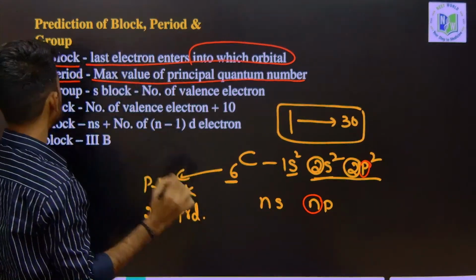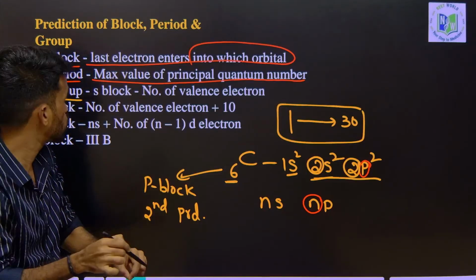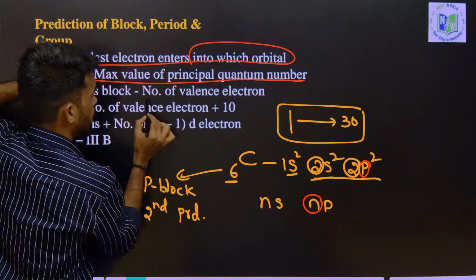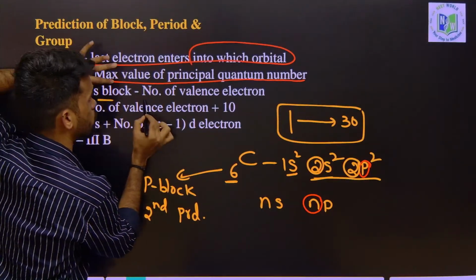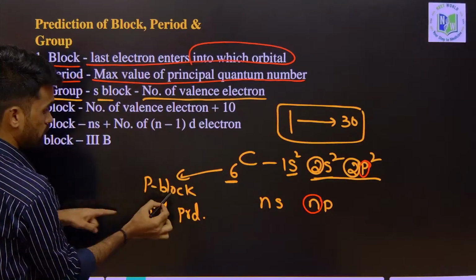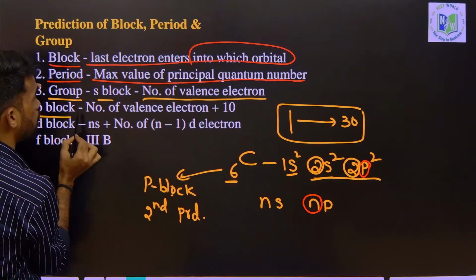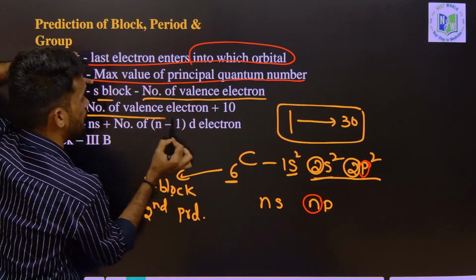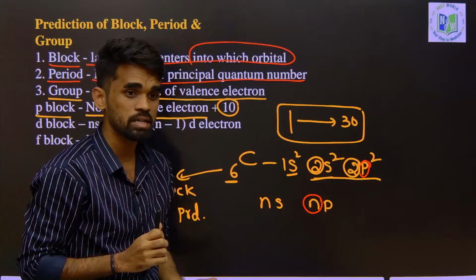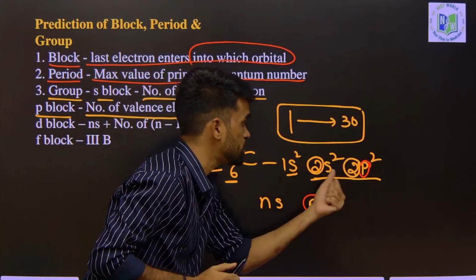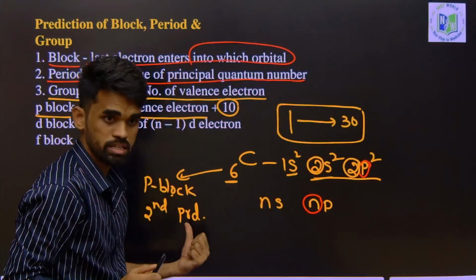Okay, and the next thing is which group exactly, which group I am asking. For s and p block, you just count the number of valency electrons. First you got the block, so which block is it? P block. For p block, what you need to do is number of valency electrons plus 10. Valency means the highest n value, which is 2, we know. Principal quantum number 2, second period.